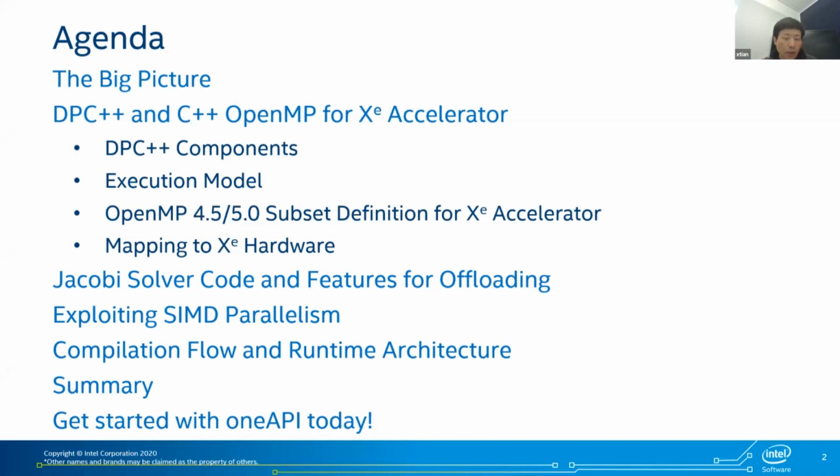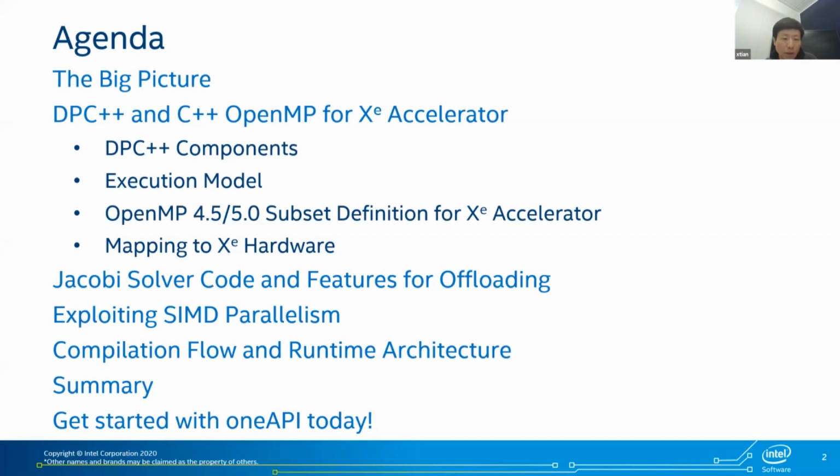After that, we'll have a quick review of what DPC++ is and what kind of features we support for C++ or OpenMP for the Xe accelerator. Then we'll go through a couple of simple examples to give you some intuition about what's happening in the compiler and the runtime library, and how you can get some performance tips for better performance.